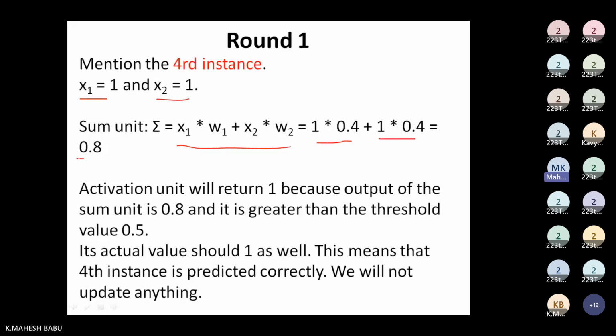The value is 0.8. So 0.8 is greater than the threshold value 0.5. Whenever the value is more than the threshold value, the system will return 1. So in this scenario, the system is going to return 1 as output. That is true in that scenario.